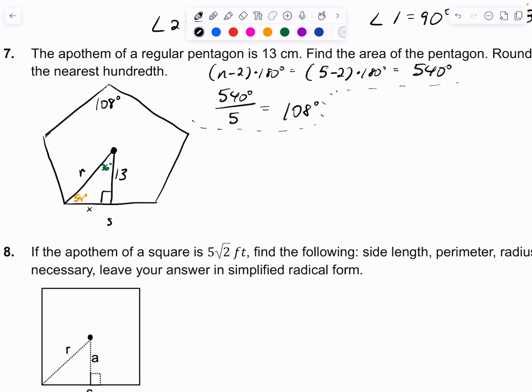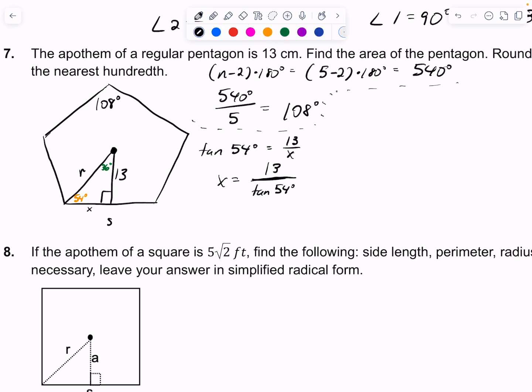I'll call it x. So I'm going to say tangent of 54 degrees equals 13 over x. Doing my math that we did a couple units ago, I'm going to move the x over with multiplication and then divide the tangent over with division to get x equals 13 over the tangent of 54 degrees.